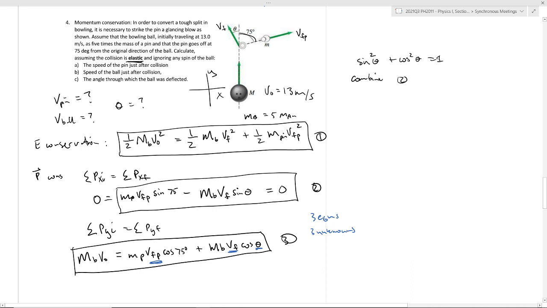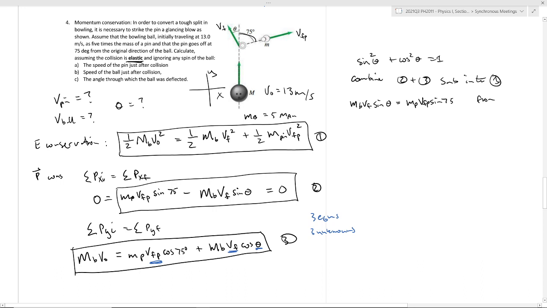So here's our game plan: combine 2 and 3, sub into 1. From 2, mb v final sine theta is equal to mp v final of the pin, sine 75.